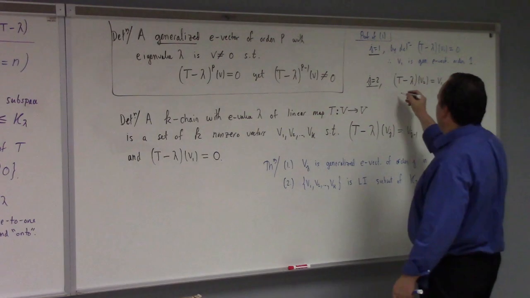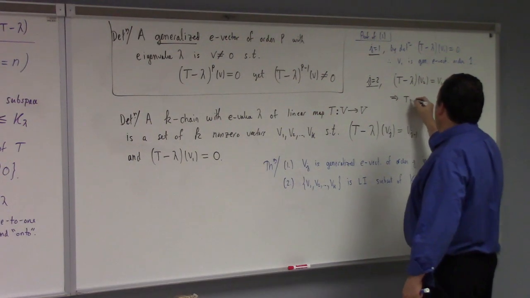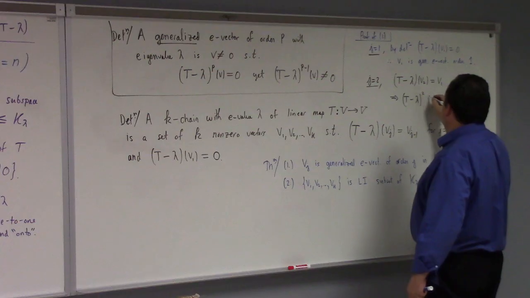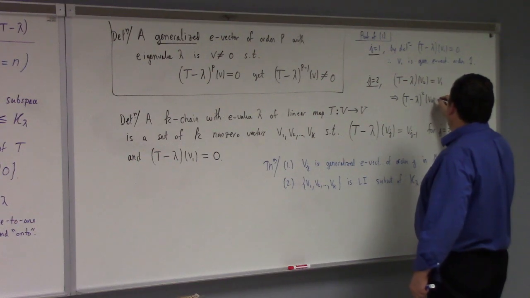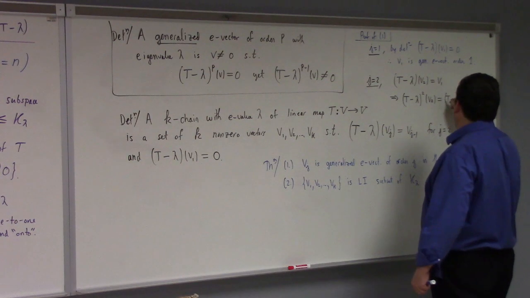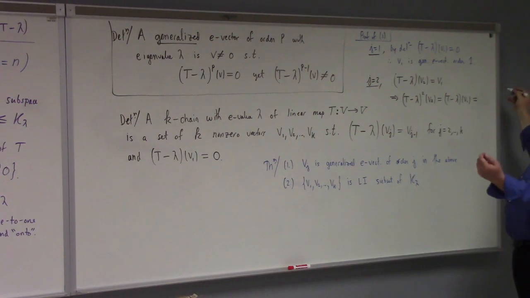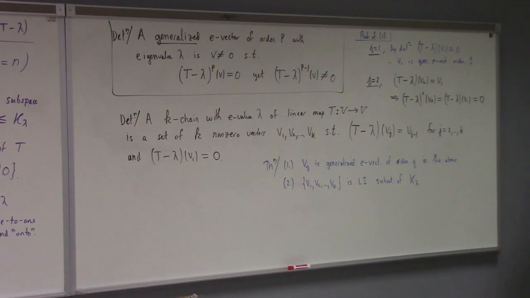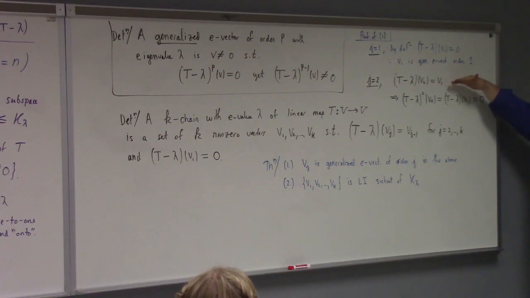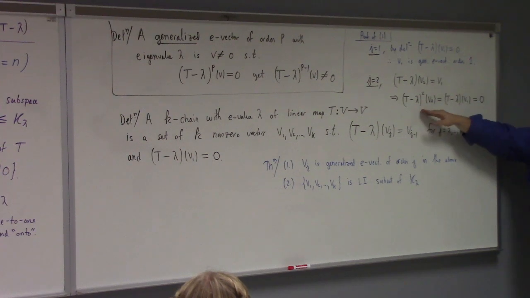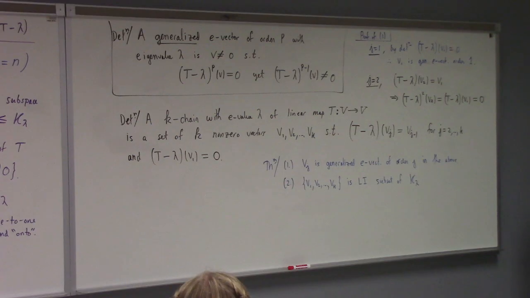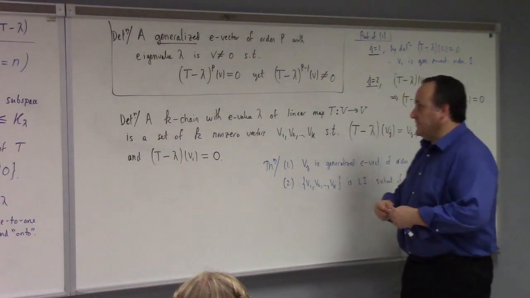What do you get? Oh, hey, that's 0. So (T minus lambda) to a lesser power than 2 is non-zero, but (T minus lambda) squared on v2 is 0. Therefore, v2 is a generalized eigenvector of order 2.